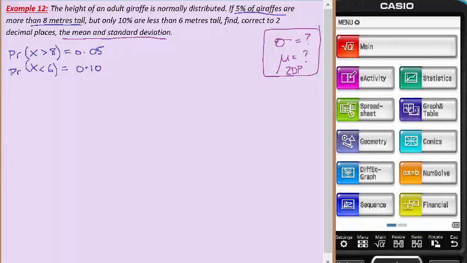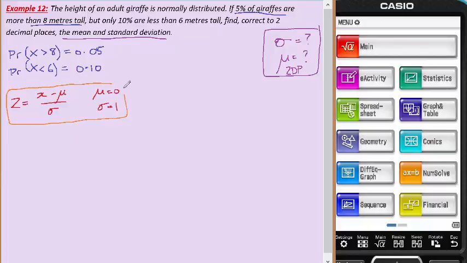Now another piece of information we're going to need is all about standardised scores and z-scores. Remember, my standardised score is my actual score minus my mean over my standard deviation. And for a standardised score, the mean equals 0 and the standard deviation equals 1. Keep that in mind. This is for your standardised score, so they go together.